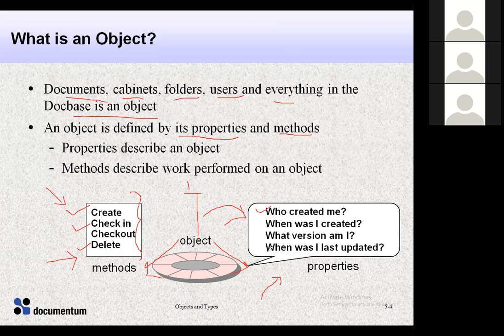Let's say we have 10 objects, and I ask you to distinguish these 10 objects. What would you do? You will say these 5 objects are of the same nature, they have the same methods and the same properties, and these 4 have the same methods and same properties.